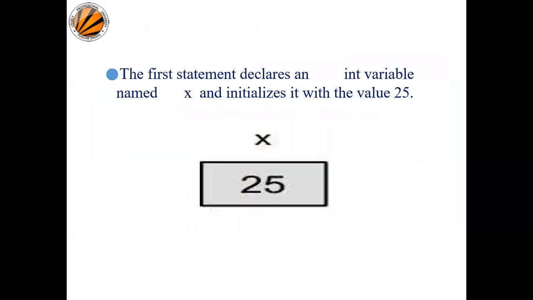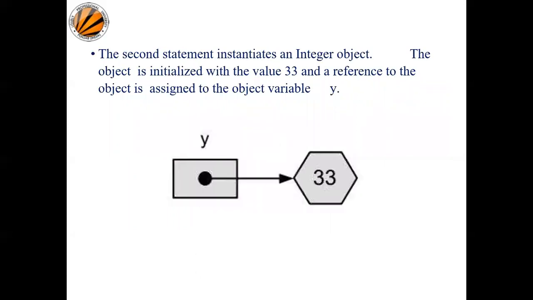The first statement declares an integer variable named x and initializes it with the value of 25. The second statement instantiates an Integer object. The object is initialized with the value 33 and the reference to the object is assigned to the object variable y.